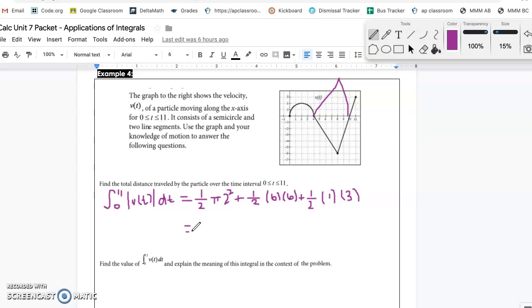So 1/2 pi times 2 squared is just going to be 2 pi. 1/2, 6 times 6 is 36. Half of that is 18. So plus 18, plus 1/2 of 1 times 3 is 3 over 2, or 1.5.